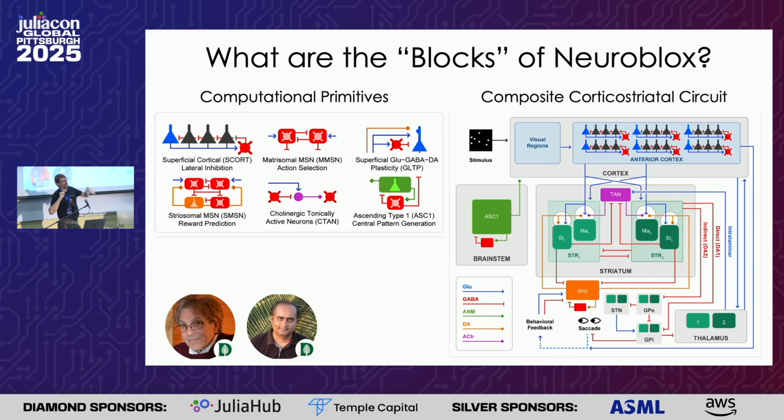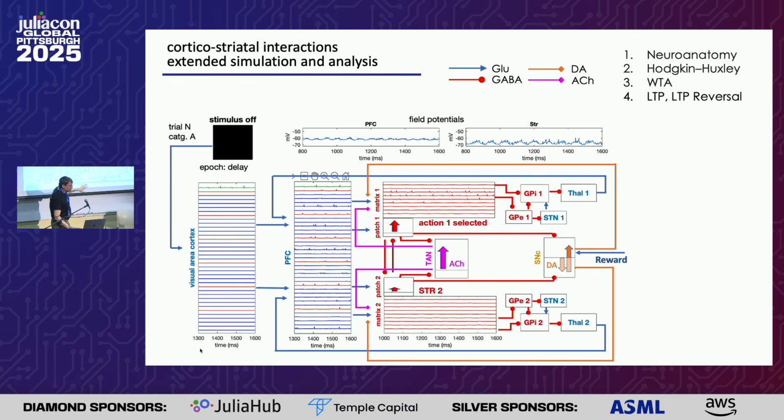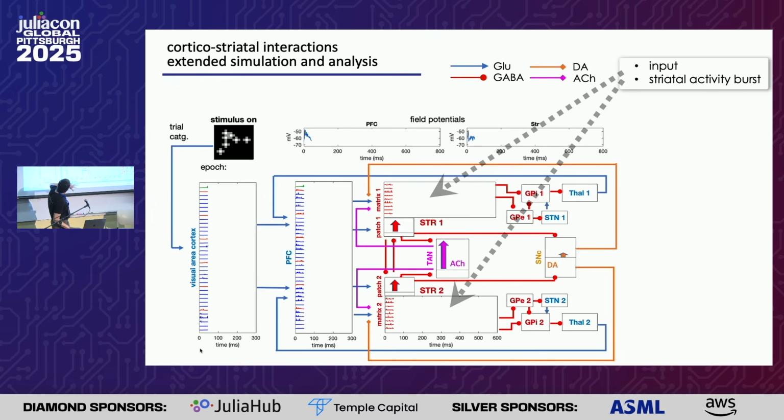And if they guess wrong, they don't get anything. And they slowly actually get better and better at learning these categories. And we modeled it essentially with Neuroblox, the whole circuit. I'm going through this very quickly because there's a lot to explain, but I'm just showing you this is the cortical striatal model.